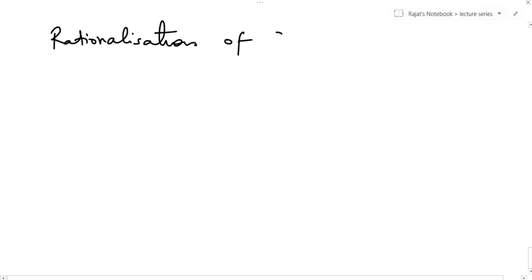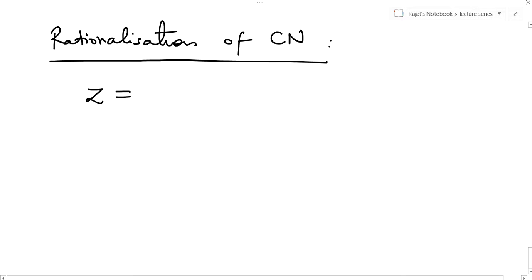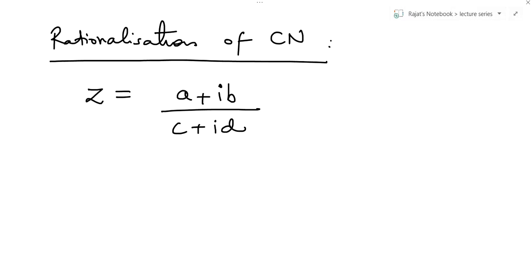Then there is something called rationalization of complex numbers. Rationalization basically means you try to split the complex number into real and imaginary parts. Suppose you have a complex number a plus ib upon c plus id. If you look at this complex number, you cannot split it into real and imaginary parts.